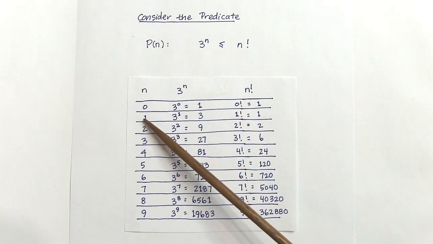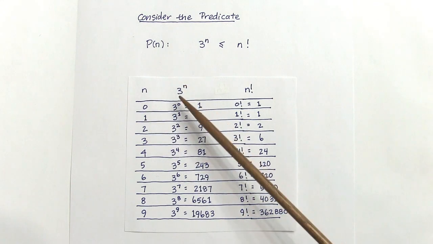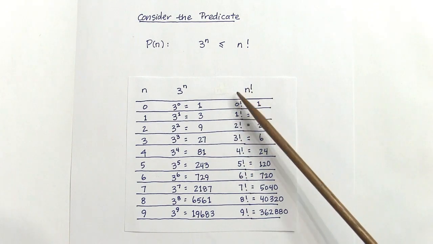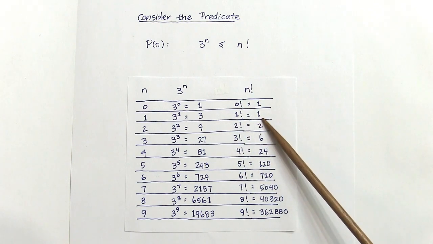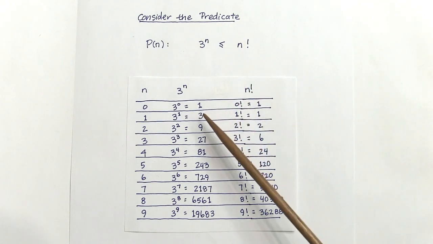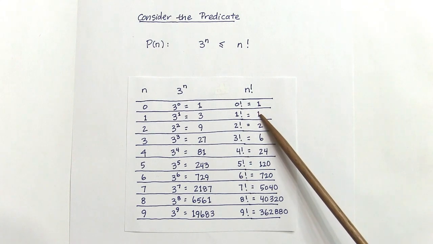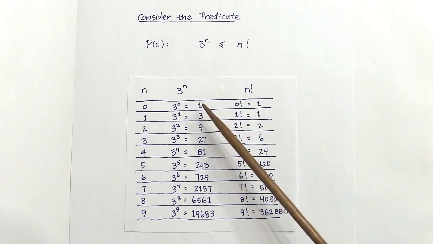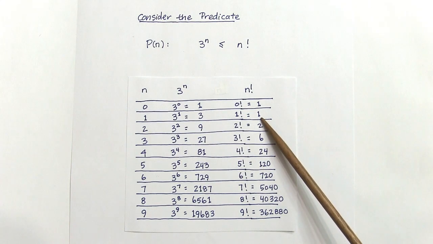Oh, but when n is 1, we have 3 to the n is 3 to the 1, which is 3, and n factorial is 1 factorial, which is 1. So no, 3 to the n is not less than n factorial in this case, because 3 is not less than 1.